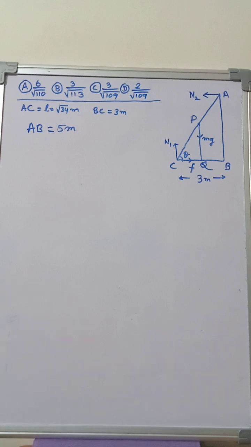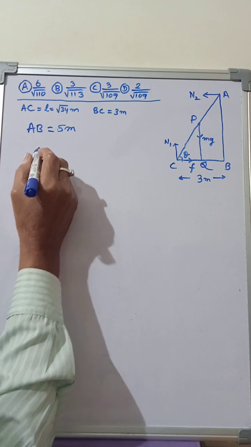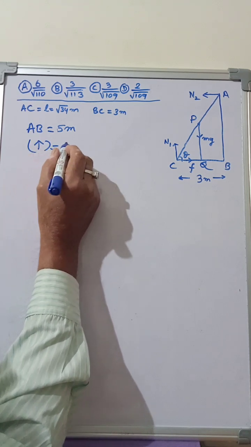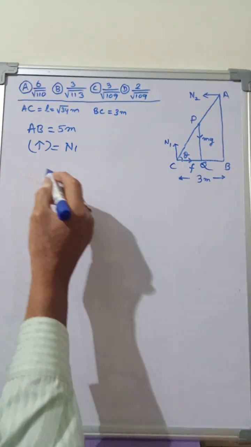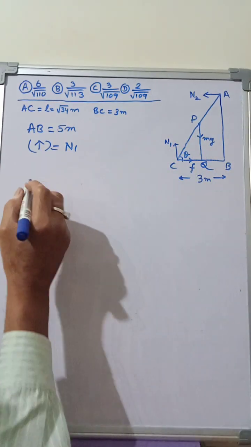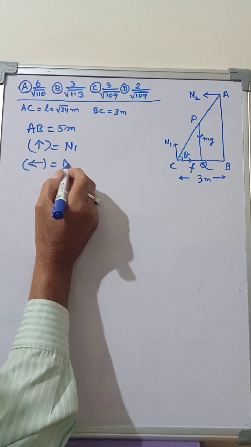Now for the forces acting on the ladder. Upward force is equal to N1 and this is the normal reaction of the floor, and normal reaction of the wall is towards left and this is your N2.